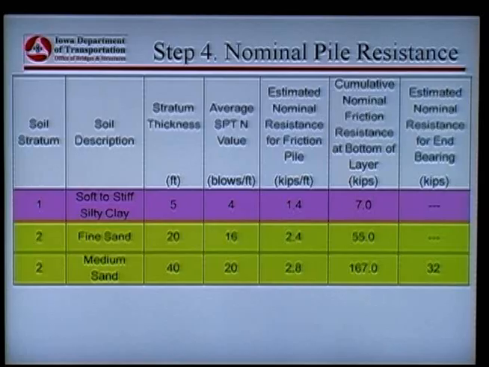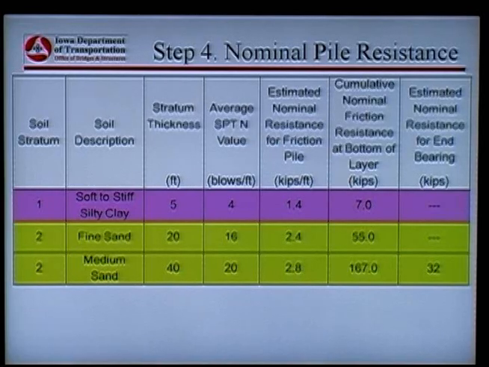Then you go to the second layer, which is a sand. Sand is 20 feet thick, and the average N value is 16. If you refer to the Iowa design chart, corresponding to this N value and the soil type, the right unit friction should be 2.4 kips per foot.